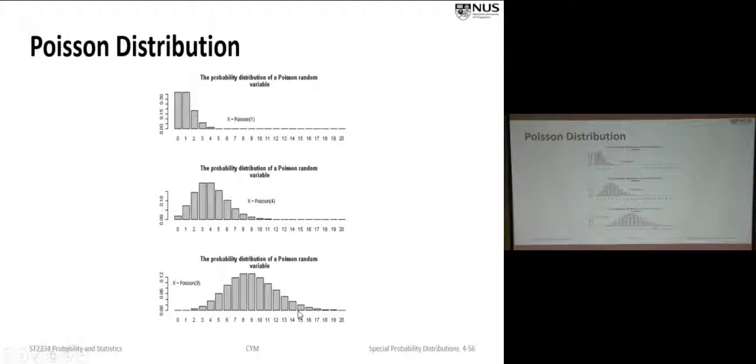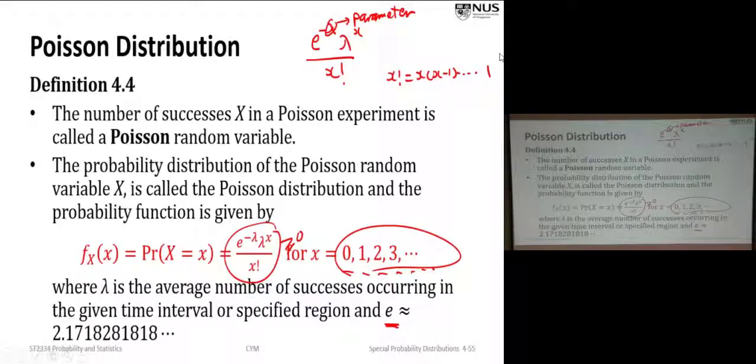Here is the probability function for a Poisson distribution with different parameters. For a Poisson distribution, there is only one parameter. If you go back and look at this probability, f of x, it's a function of three letters.